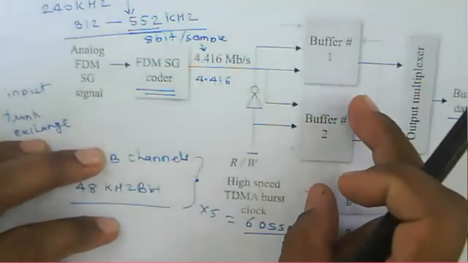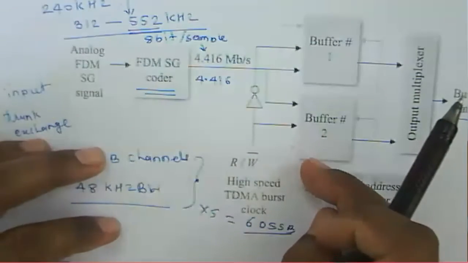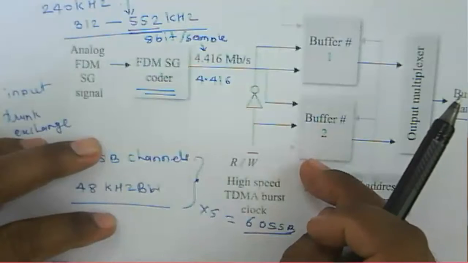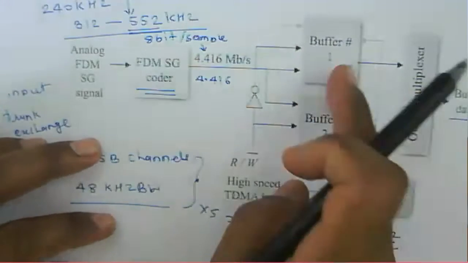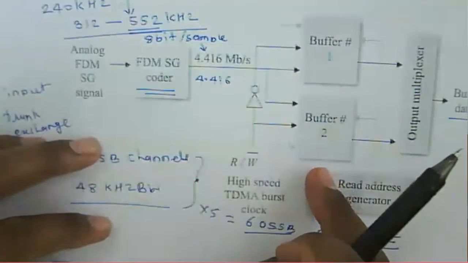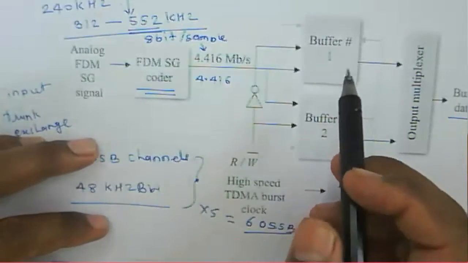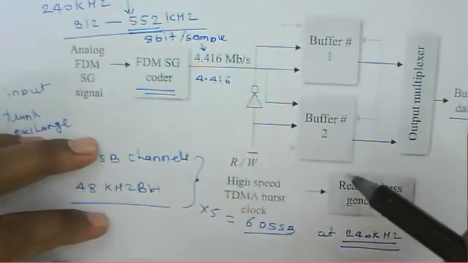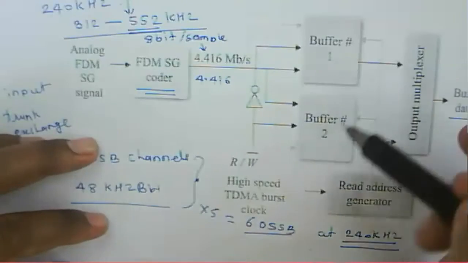So alternate frames are written in this particular buffer. Data is written in one buffer, and previously written data in the other buffer will be read out.